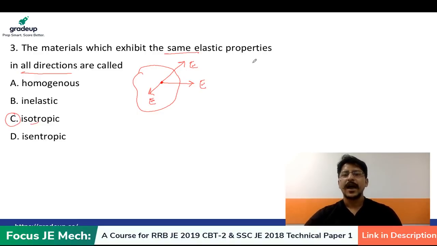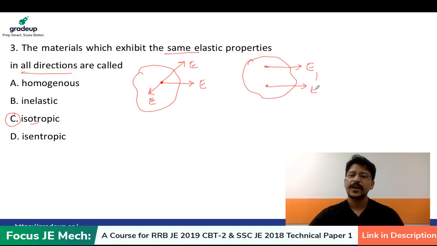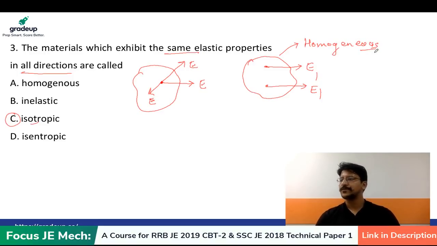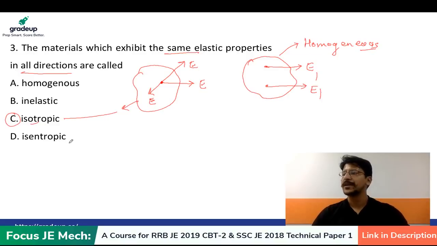If we have another material like this, and we consider two different points in it, and the properties are the same in a single direction at different points, this kind of material is known as a homogeneous material. Clear? This is homogeneous, but the first one I told you was isotropic. The correct answer for this one is isotropic.